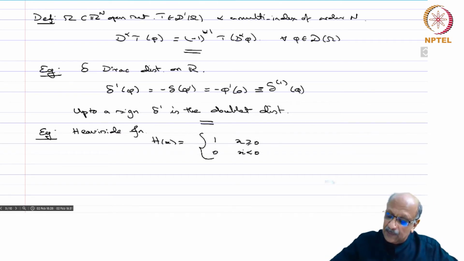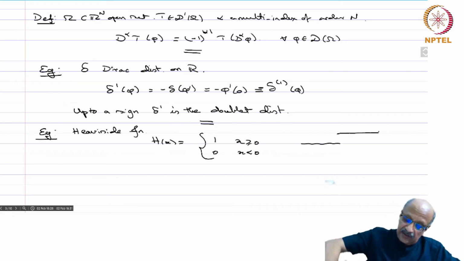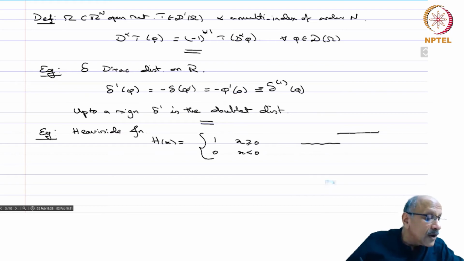It does not matter where I put the equality; for us it is a locally integrable function. As long as you change the value on a set of measure 0, it does not matter. So now let us compute TH dash.